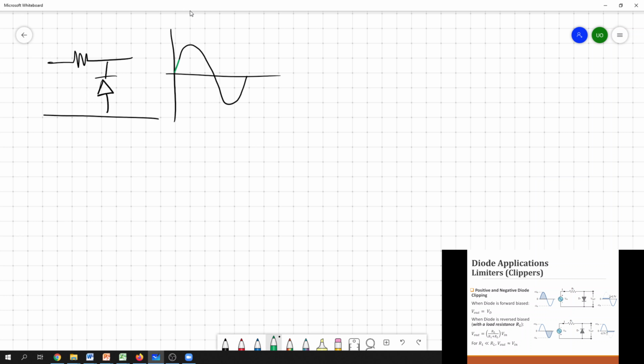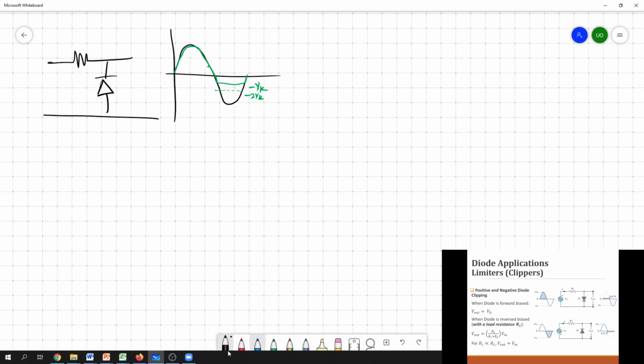This is simply passed, and this is clipped at minus Vk. If you introduce another diode in series with that, it should go to minus 2 Vk. Minus 2 Vk. So likewise.